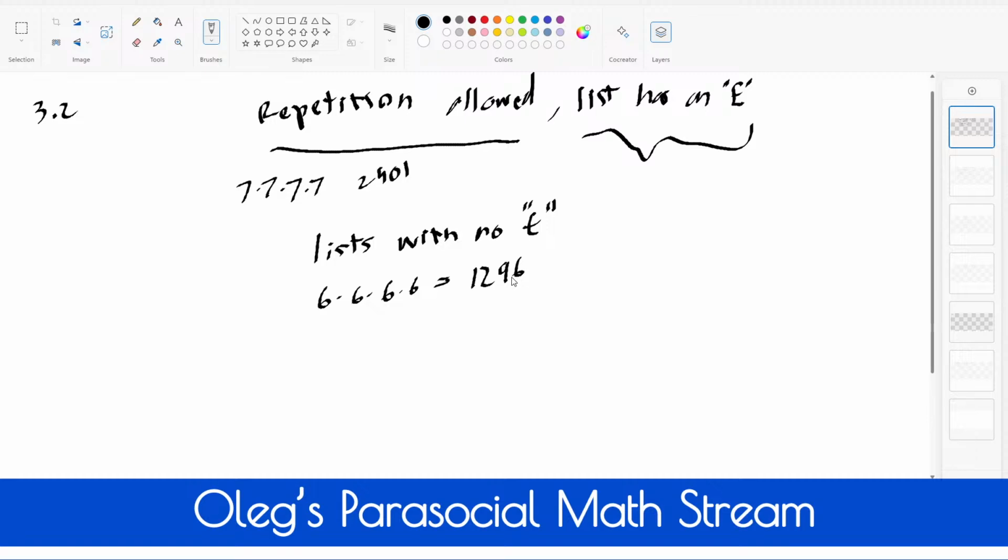Okay, so if we want lists that have an E within the repetition-allowed lists, we have to take the no-E lists out. So we have 2401 minus 1296, which is 1105.